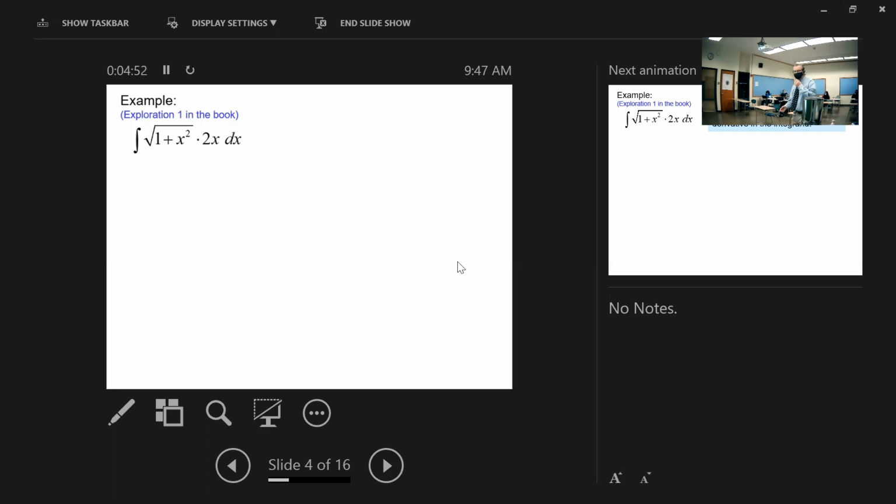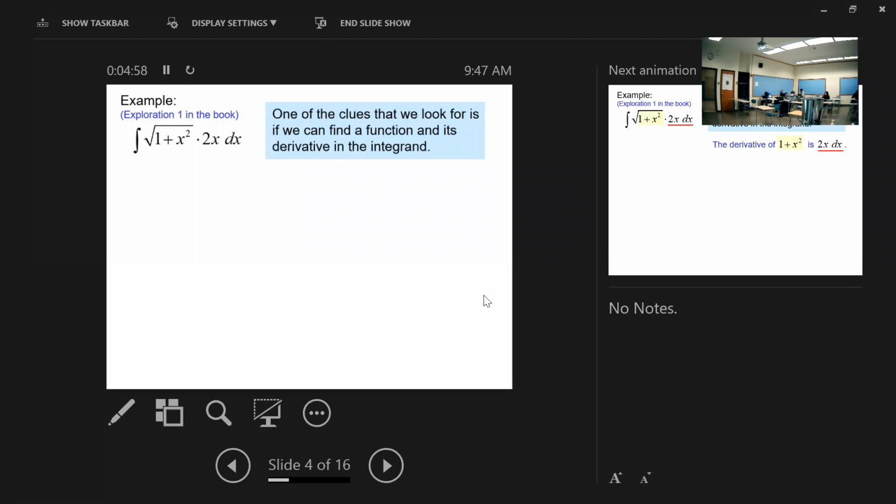So this problem's different. What do you got? Mu equals what's inside the parentheses. So I have mu to the 1/2 power.